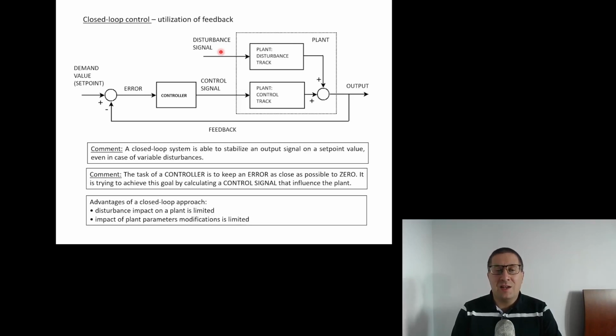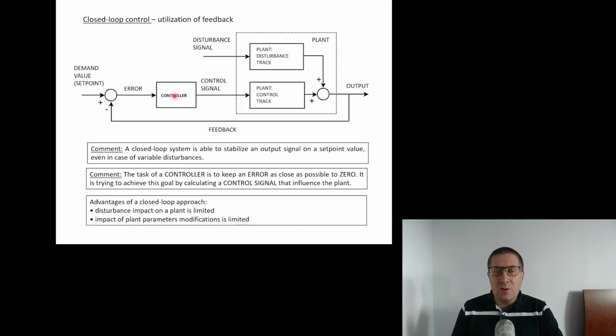Now we have the closed loop control approach, a very typical approach in the factory or in the plant, where we have this feedback loop. So now the controller sees the error, sees the difference between the demand value, we'll call it a set point, and the output value.